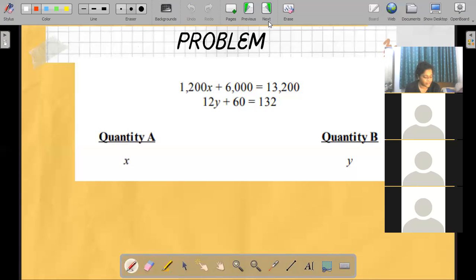Yes, Pragati, Aarti. Ma'am, both are same value.